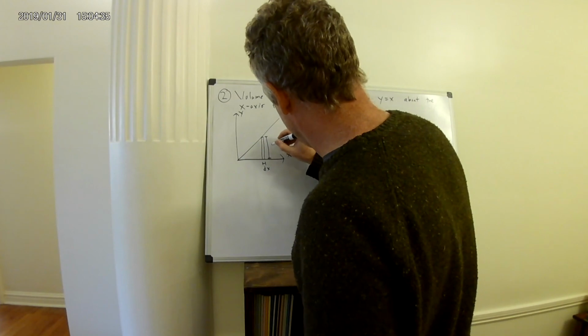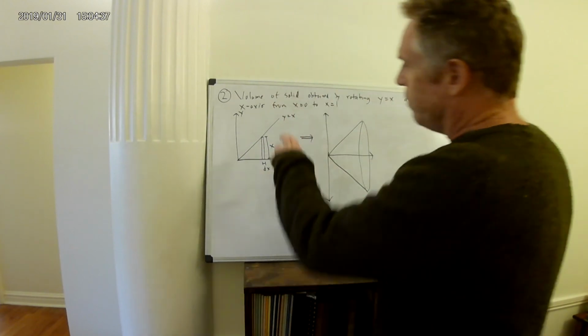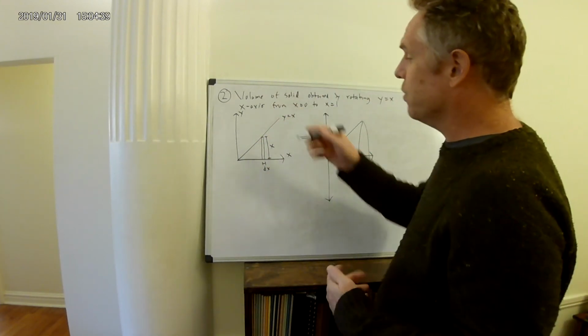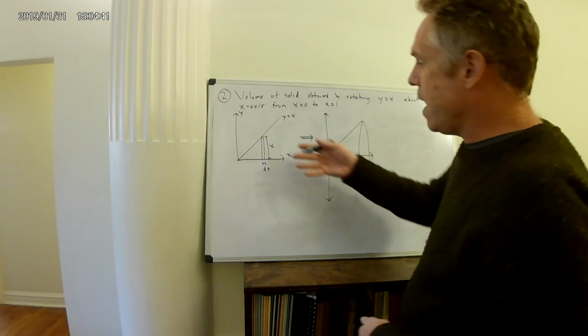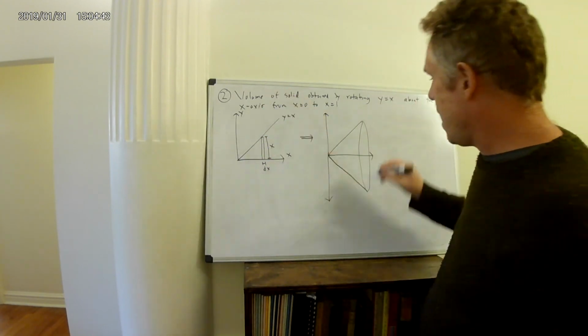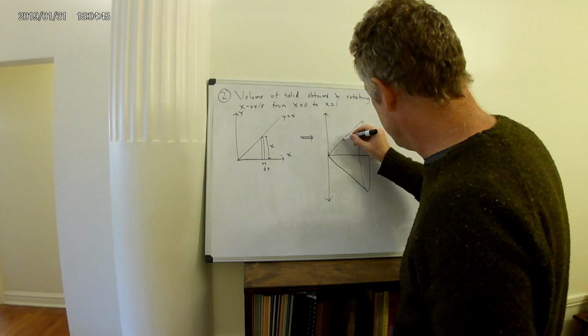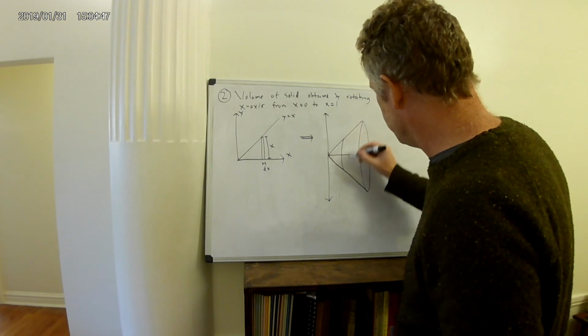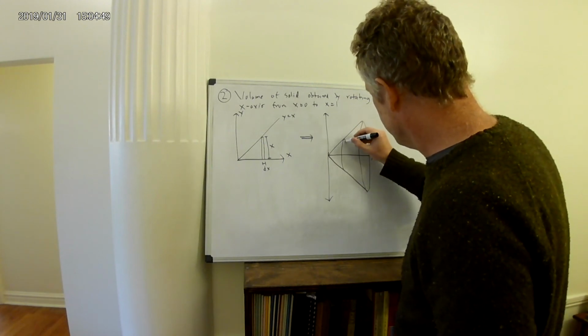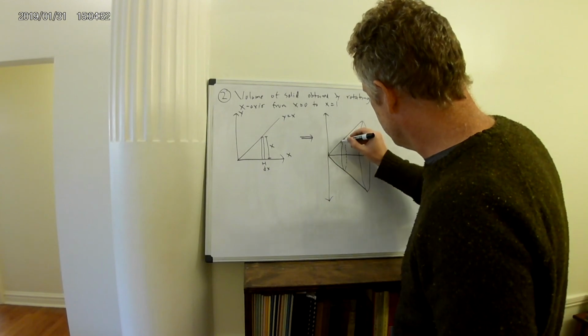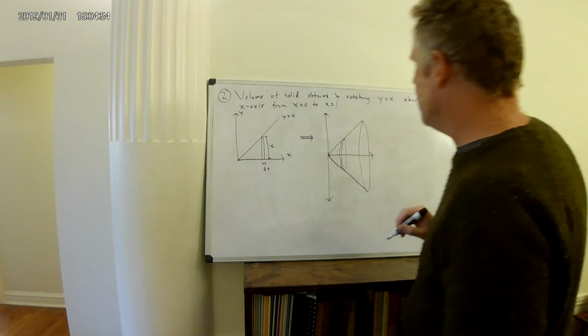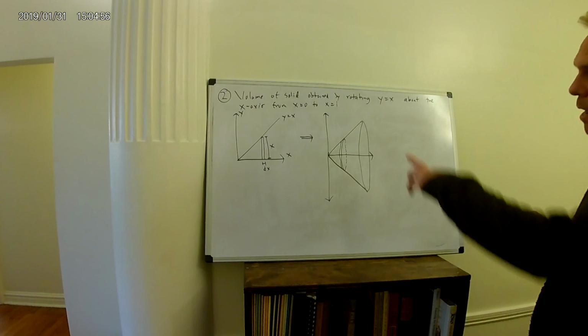The height of the slab is equal to x, because this line is y equals x, and now we're going to rotate this around the x-axis. So this will create a disk shape like this, right?